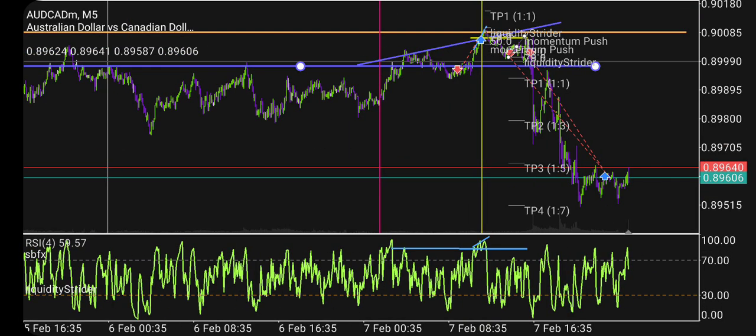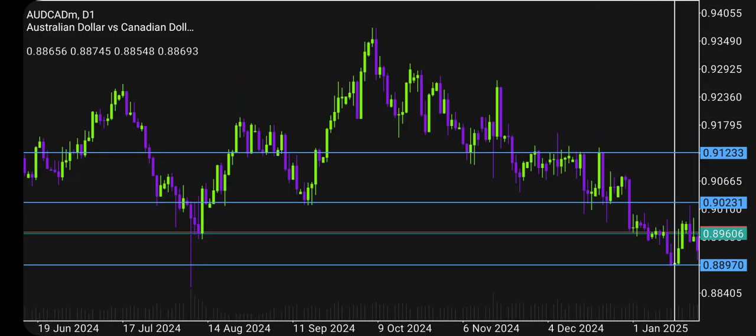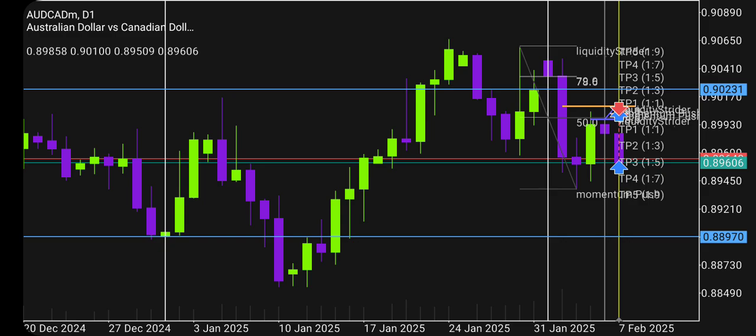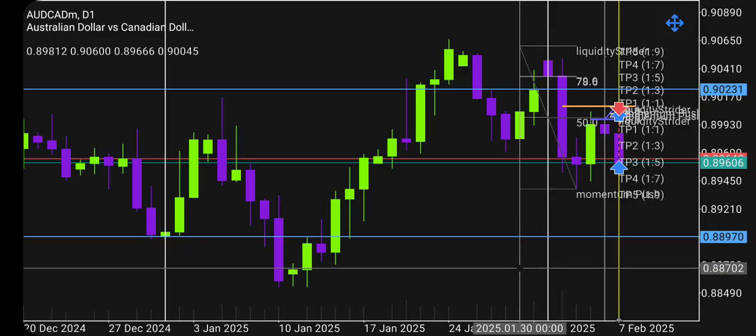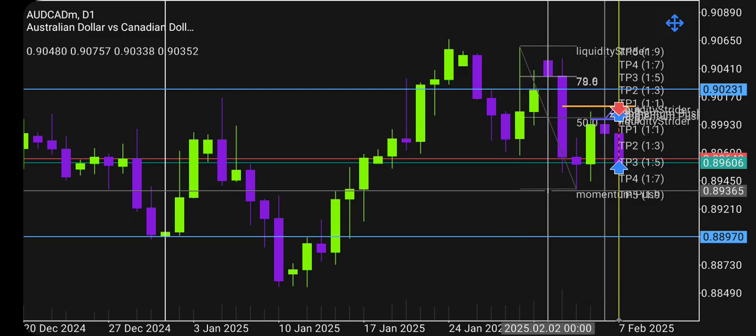So this is the video where I backtested the strategy, backtested what happened during week 6 of 52 in 2025. So guys, I strongly advise that you do the same thing. This is Australian dollar versus Canadian dollar. Look here at the bottom. Here was the 30th of January, this Thursday.